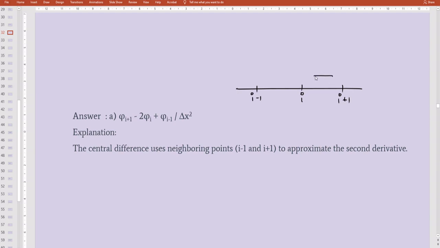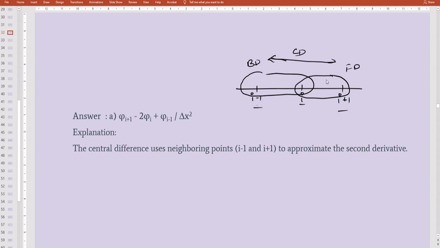The forward difference scheme takes 2 points, and the backward difference scheme takes 2 points. When we combine forward difference and backward difference, we get the central difference scheme. So the central difference scheme has 3 points, that is i minus 1, i, and i plus 1.